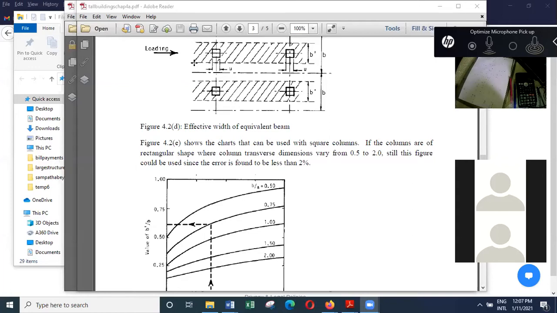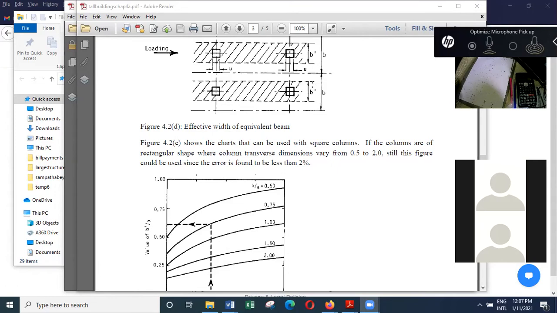So when you have flat slabs, you may have to consider a reasonable width of the slab as the one that is effective in carrying lateral loads. And if you want to be a little accurate, then you can use this method. The other method is to consider half the distance between the columns as the slab that will be effective in carrying lateral load.